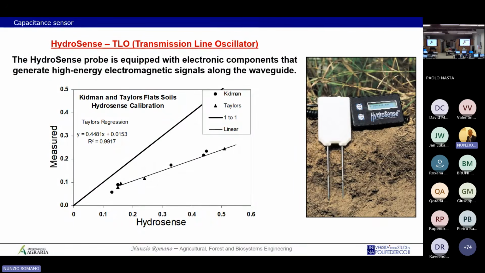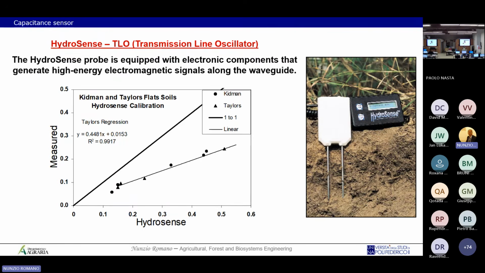The HydroSense again works in a slightly different way from the theta probe, but again you have electronic components that generate an electromagnetic field, and there is the waveguide embedded in the soil.